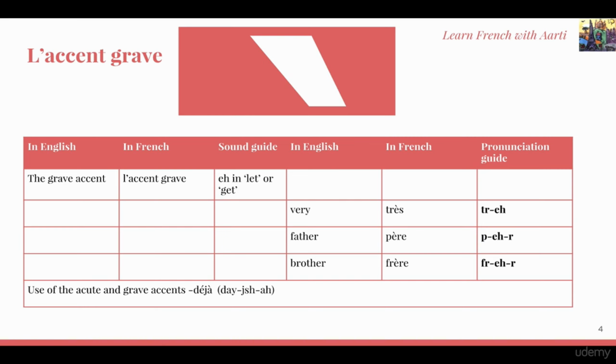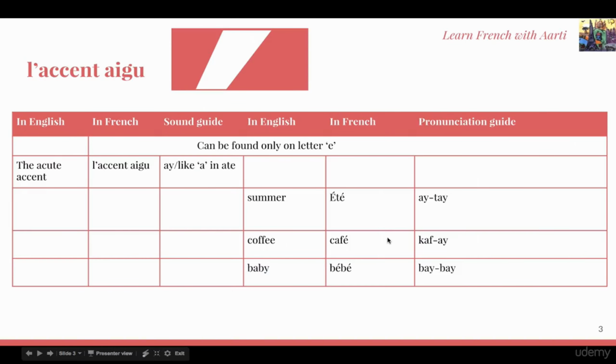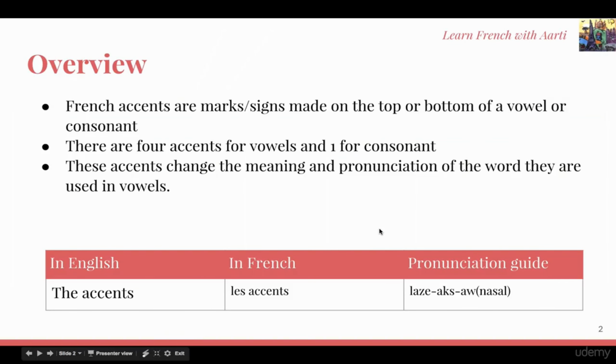The grave accent on E is sounded as A in "let" or "get". Très, very. Père, father.